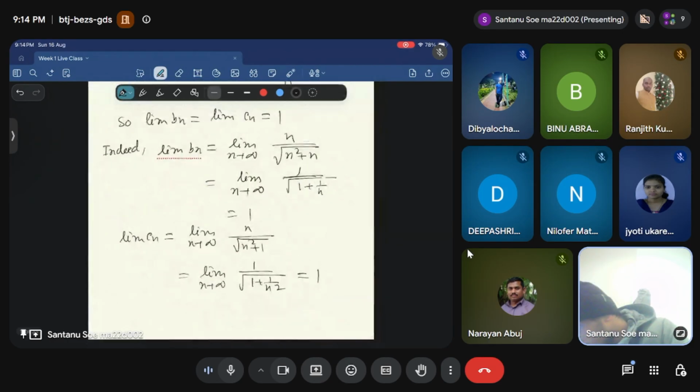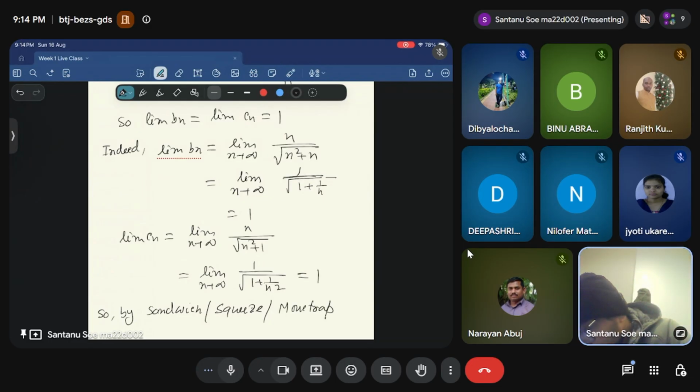So by the squeeze theorem, or whatever you say, sandwich, squeeze, or mousetrap principle, the limit of an is 1.